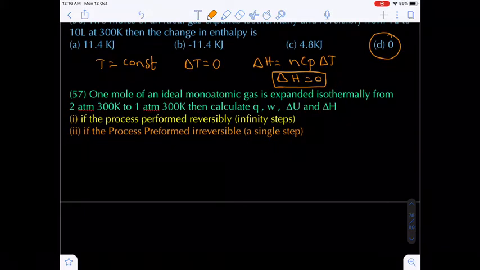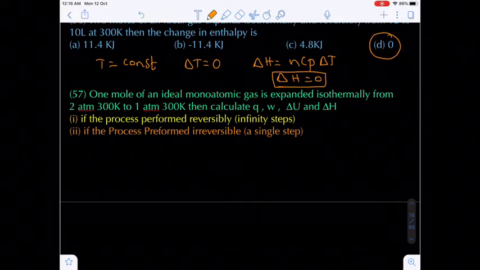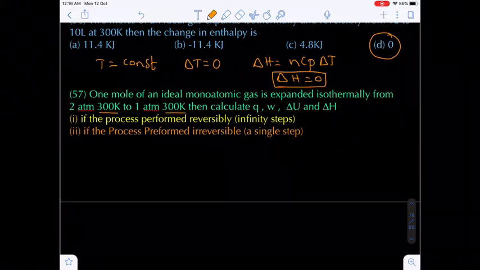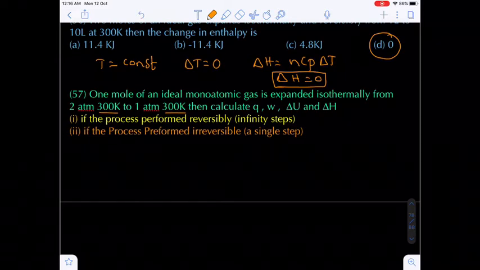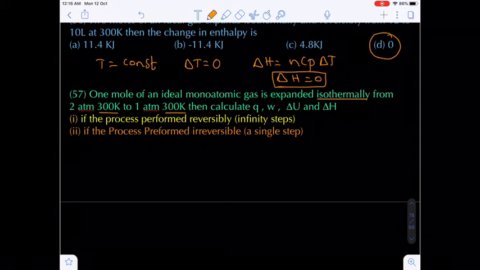Okay. Now question number 57. This is a very important question. 1 mole of an ideal monoatomic gas expanded isothermally from 2 atmosphere 300 Kelvin to 1 atmosphere 300 Kelvin. Remember, initial temperature 300 Kelvin and final temperature is also 300 Kelvin. That means it is definitely an isothermal process. Already in the language also it is given isothermally.